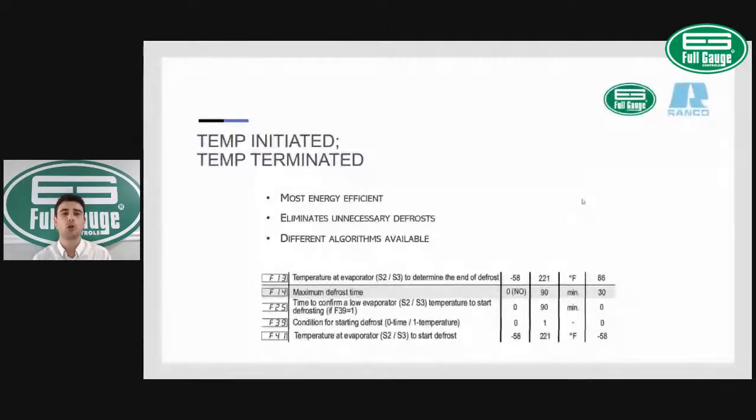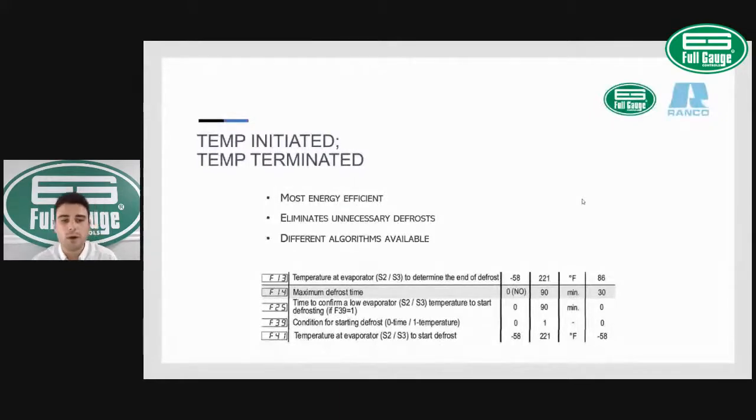So some of our controllers are loaded with the capability of starting the defrost based on the coil temperature with validation times to prevent false defrost calls. Other controllers will have the temperature difference as an algorithm to perform that on-demand adaptive defrost cycle.